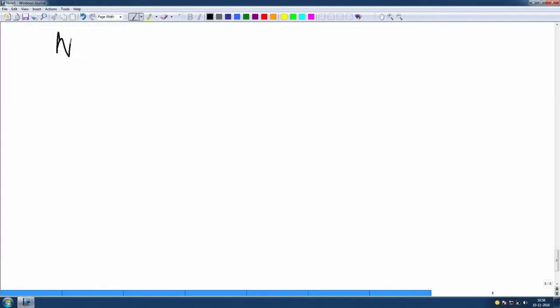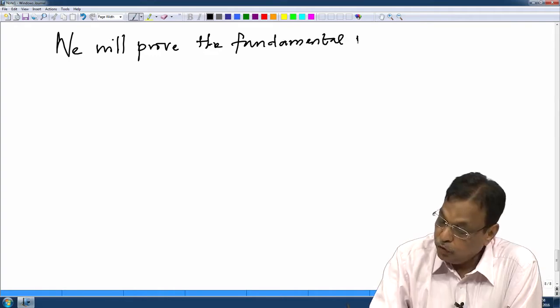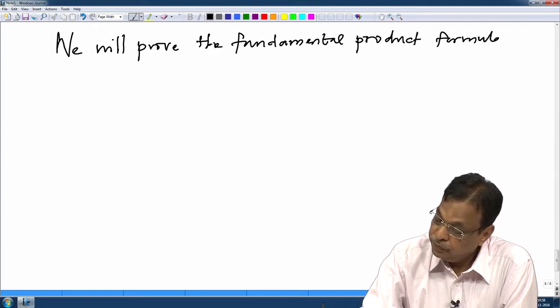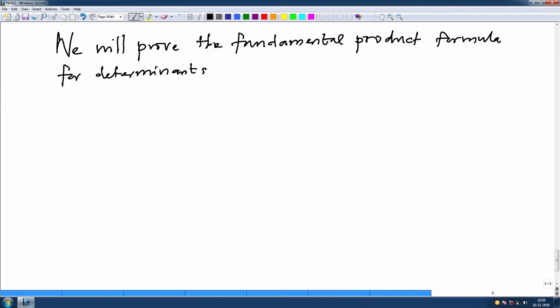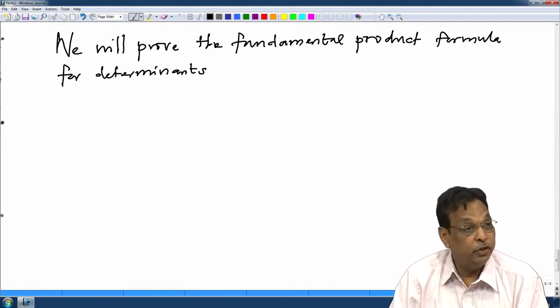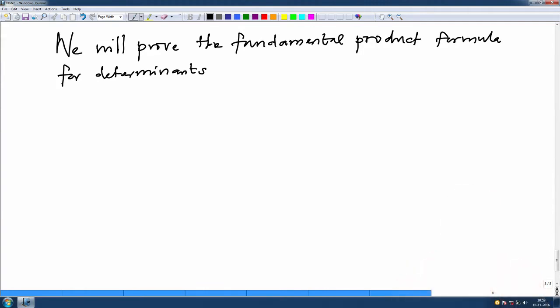So, we will prove the fundamental product formula for determinants. And also we will use this product formula for the computation of inverses. So, this is used very often.